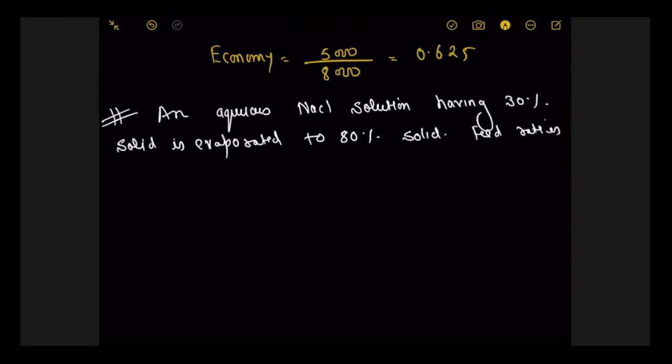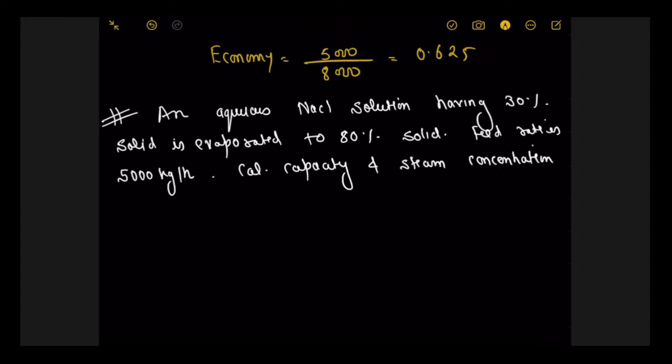Feed rate is 5,000 kg per hour. Calculate capacity and steam consumption per kg if economy is 0.45. Calculate this.